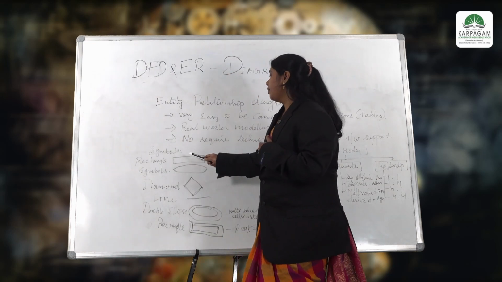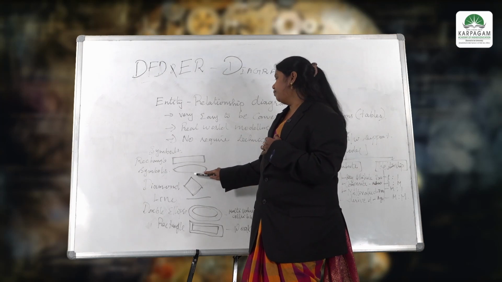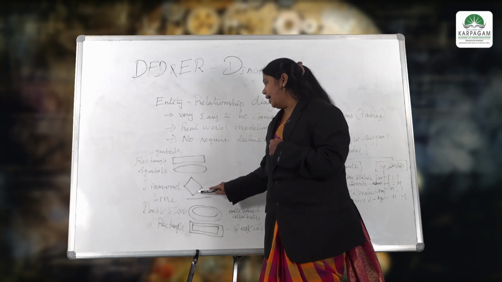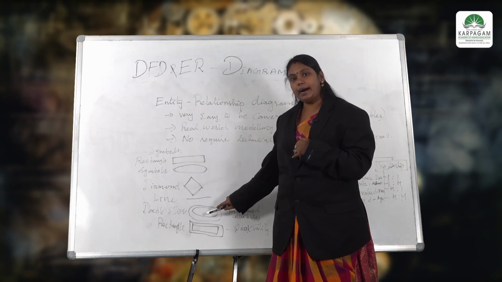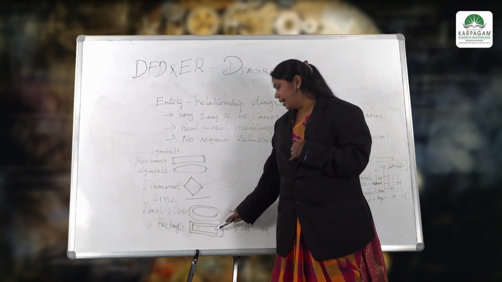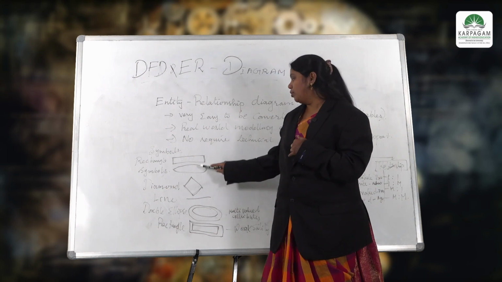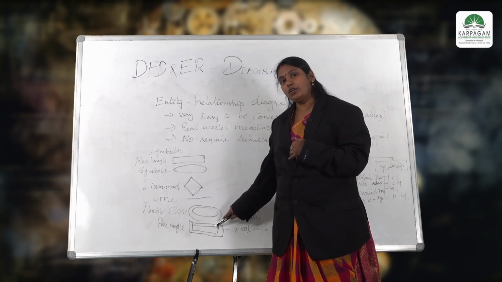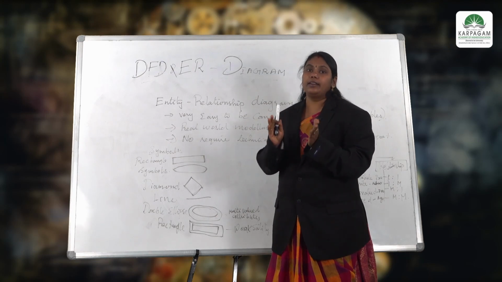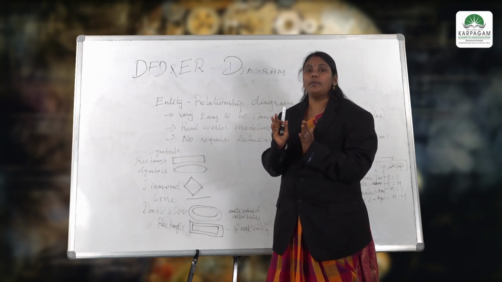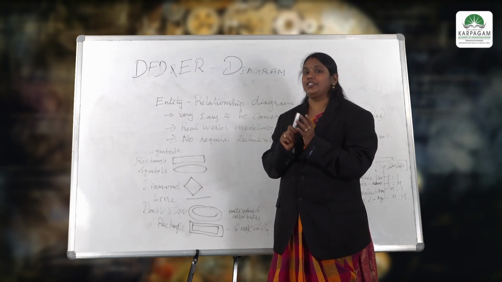These symbols are the rectangle symbol, the ellipse symbol, the diamond symbol, the line symbol, the double ellipse symbol and the double rectangle symbol. These symbols mainly concentrate on the overall process of a project and the overall process of table relationships.